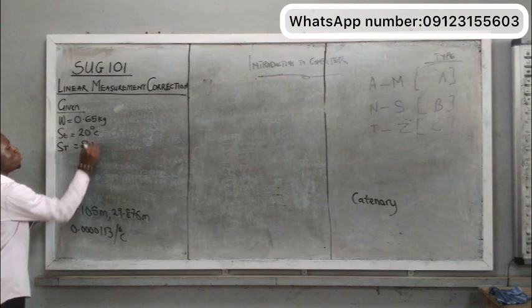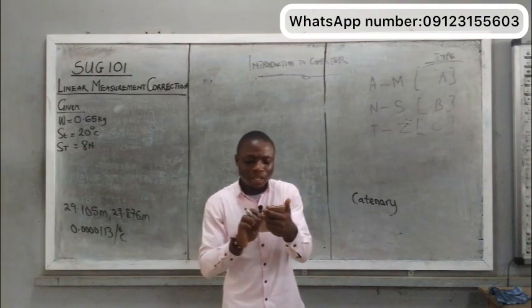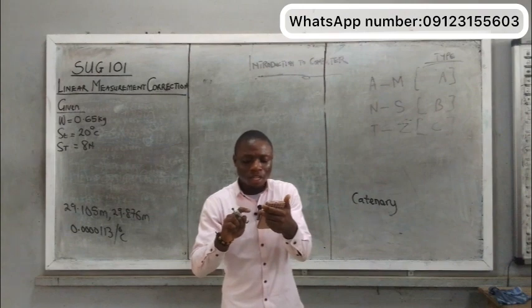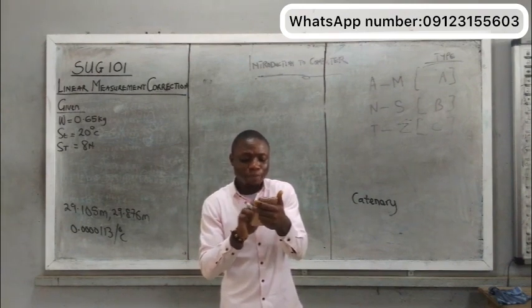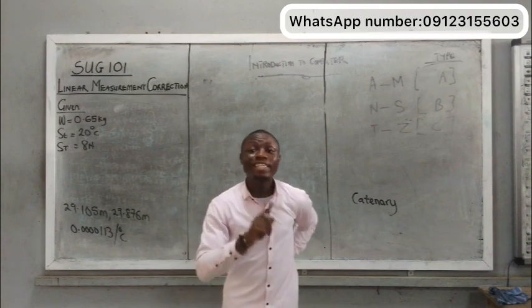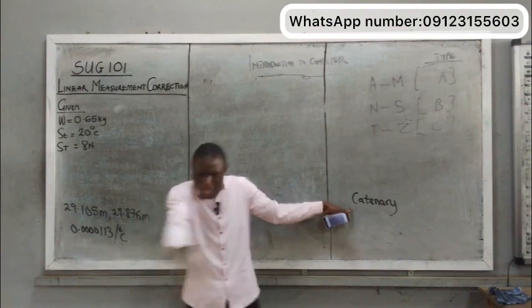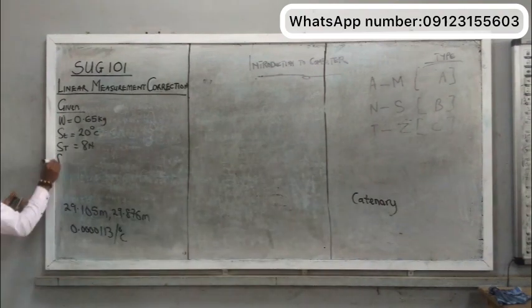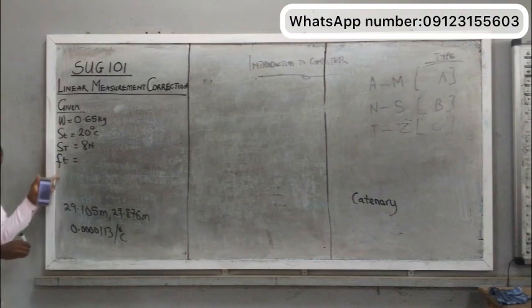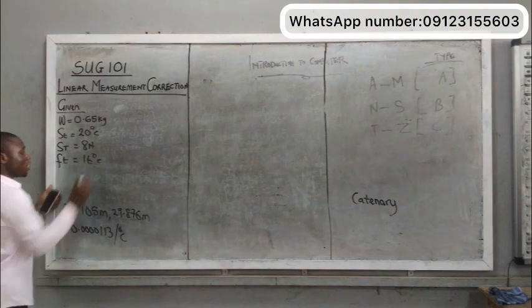Let's proceed. Now, the tape was in catenary at a temperature of 16 degrees Celsius. When you want to work catenary, it's simply a field measurement, so definitely my FT, field temperature, is 16 degrees Celsius.